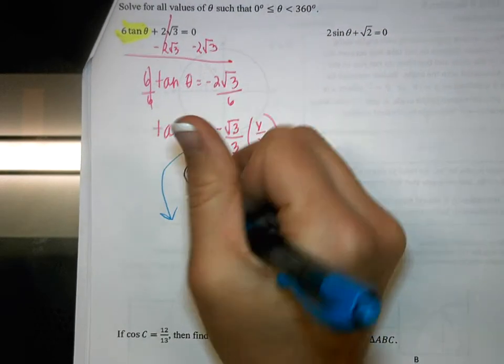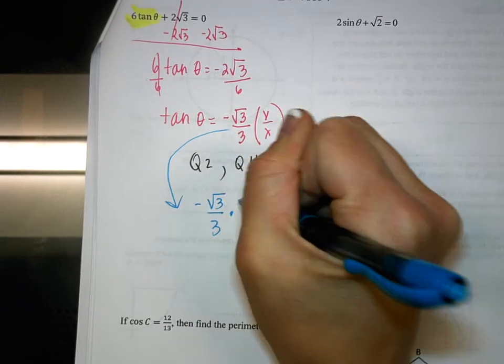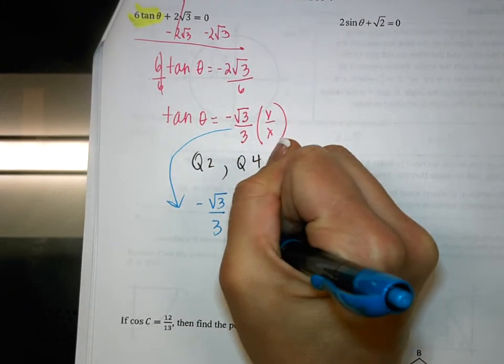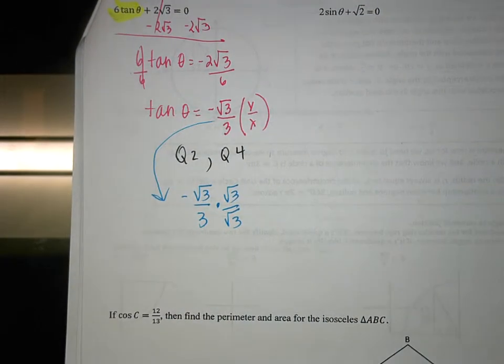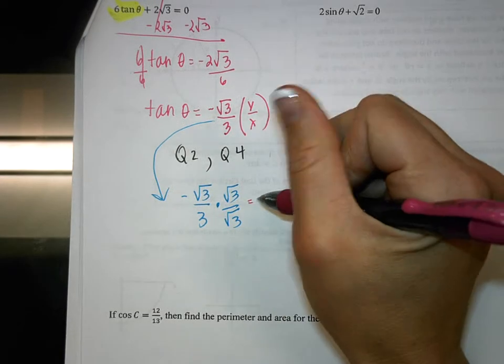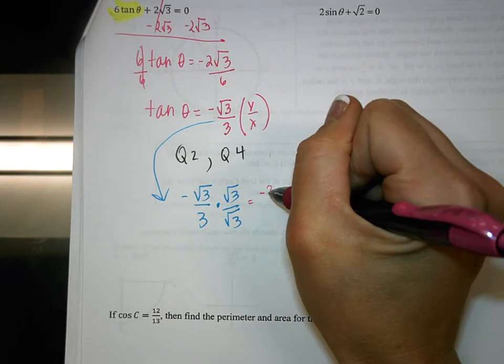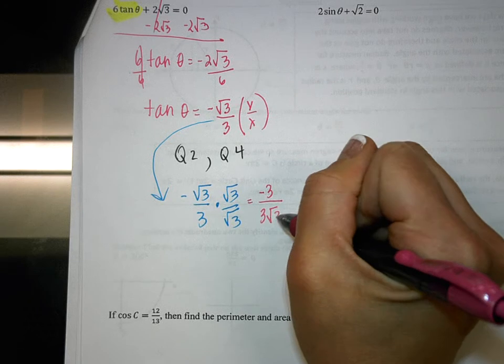I'm going to take negative root 3 over 3, and multiply by root 3 over root 3. And when I do that, on the top, it's what? Negative 3, and the denominator I have 3 root 3, and then what happens?